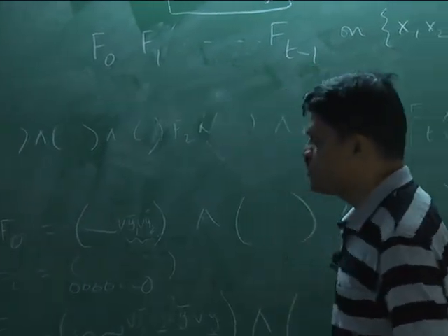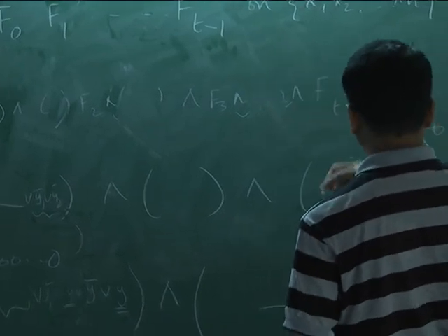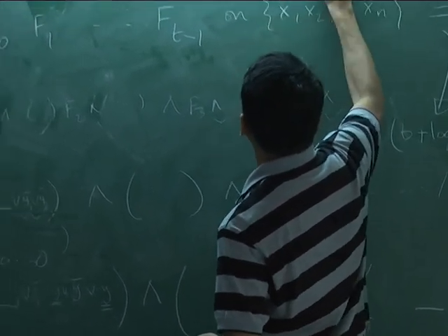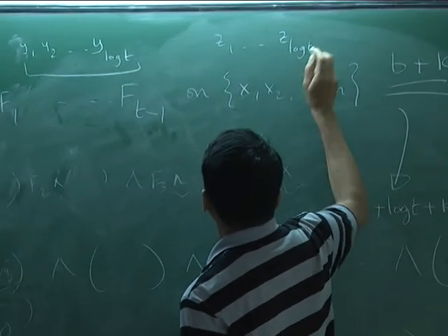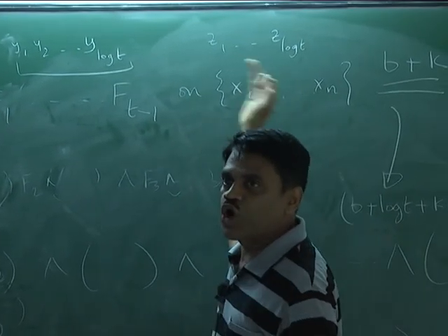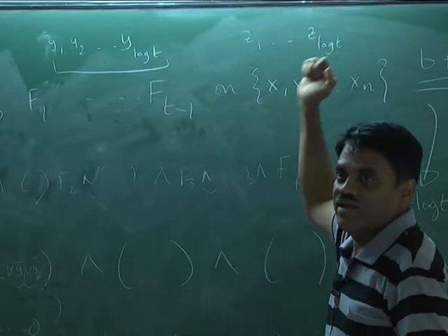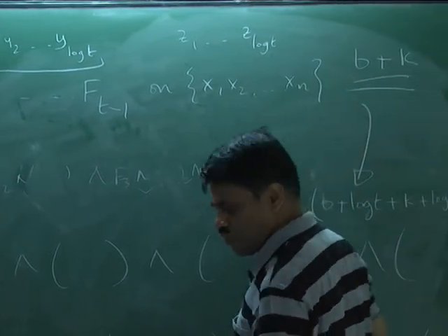So, what I will do is the following: we will create another set of variables z1 to z log t, and write down clauses to make sure that one of these is 1.